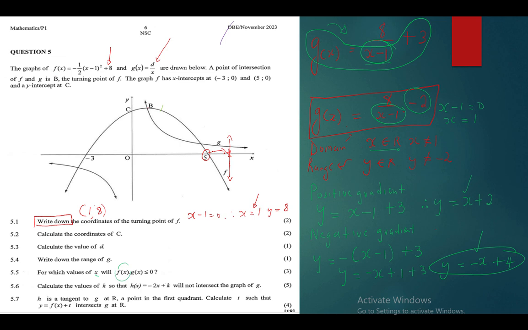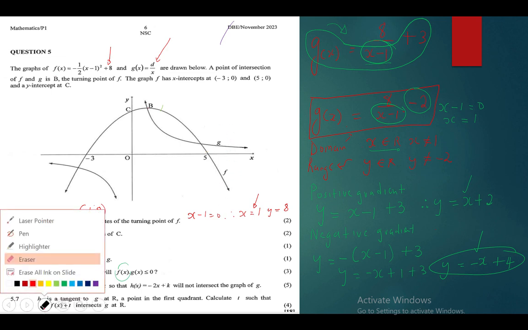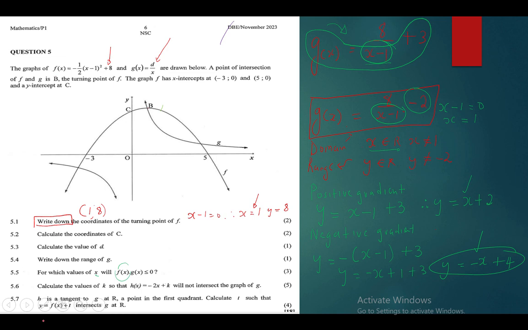At any value of x above 5, whether it's 6, 7, 5.1, 8, whatever, your function f is always underneath your x-axis.